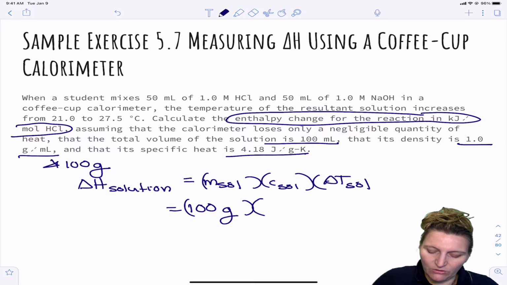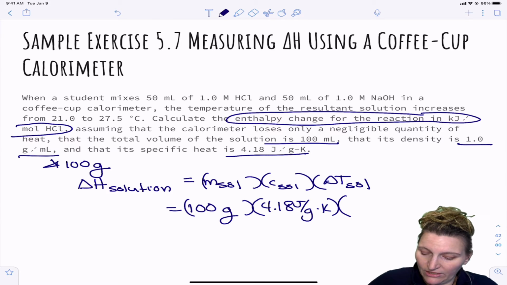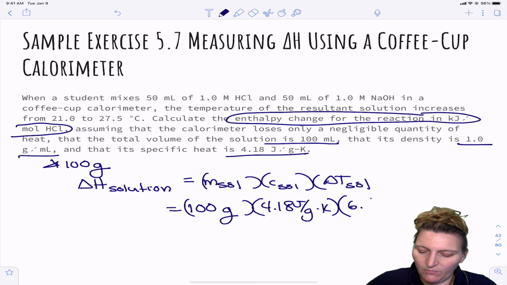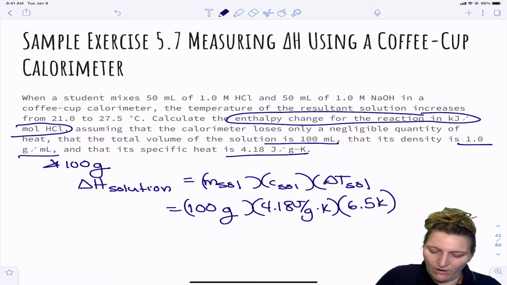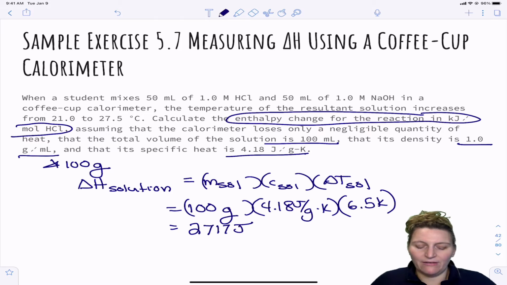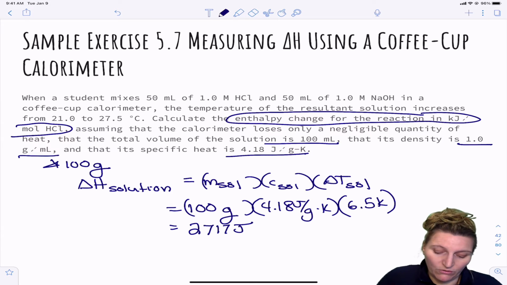The specific heat of the solution is that 4.18 joules per gram Kelvin, and the temperature change is 6.5 Kelvin. So I multiply all of those together, and I get 2717 joules. So this is the delta H of the solution, or Q of solution.